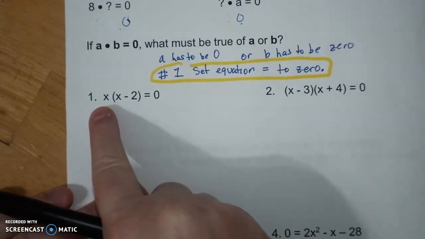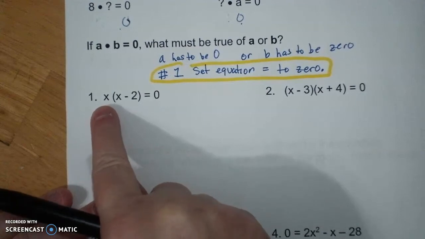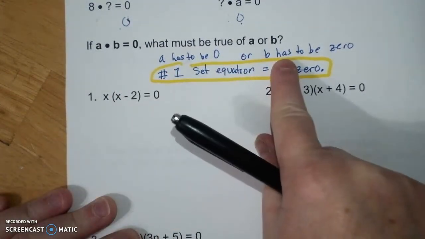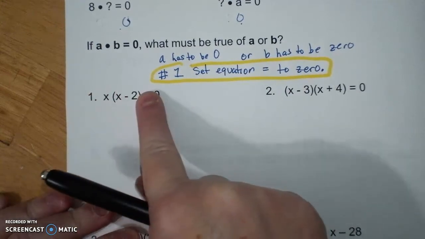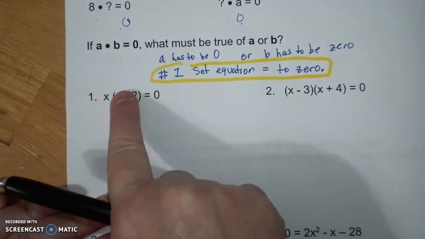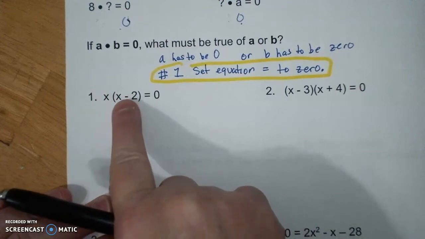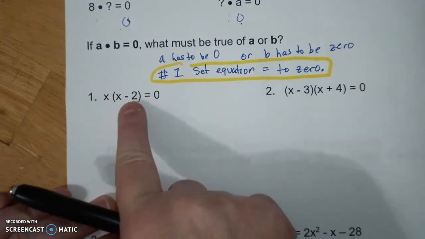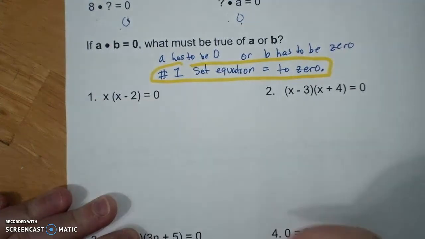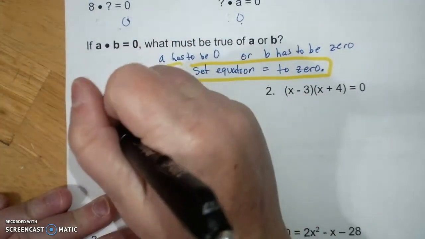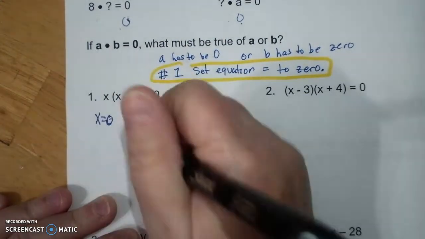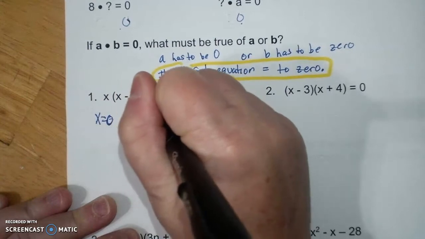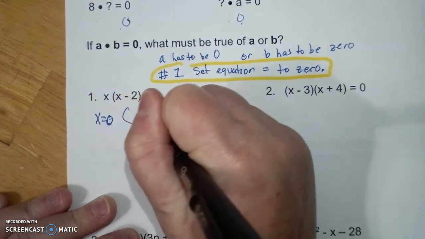So if I'm looking at this, A has to be 0 or B has to be 0. If the x was 0, then that whole thing would be 0. If x minus 2, the blob, equaled 0, then it would still be 0. So you're going to do 2 things to find 2 solutions. x equals 0, or x minus 2 equals 0, so x is 2.